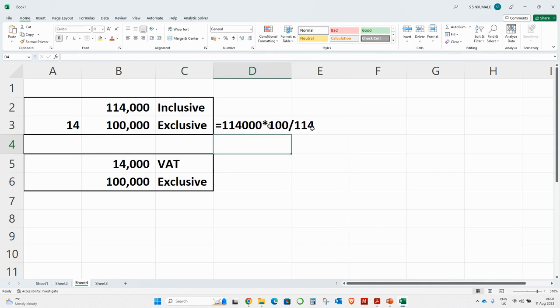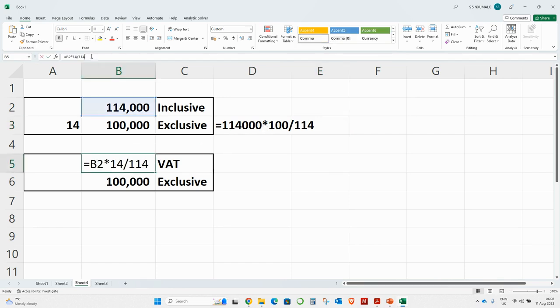The VAT rate has changed. It's now 15%. The reason why here in this example they are using 14 is because this is an old question. It was 2018. So in your case, chances are it's going to be 15. So if it's 15, you will take the amount including VAT, you times it by 100, you divide it by 115. It's the same with this one.